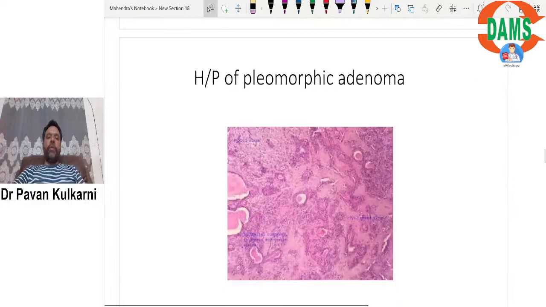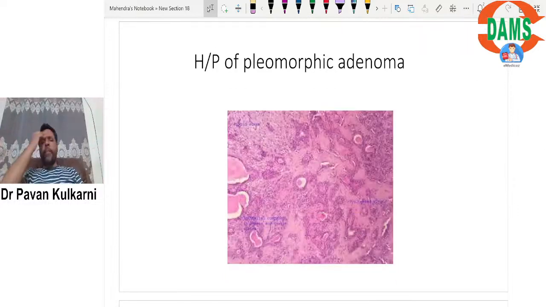Moving on to the next topic here, about the histopathology of pleomorphic adenoma. All of us know pleomorphic adenoma is the most common salivary gland neoplasm. It is a benign neoplasm, also known as a benign mixed tumor. Histopathology of this pleomorphic adenoma is very important.